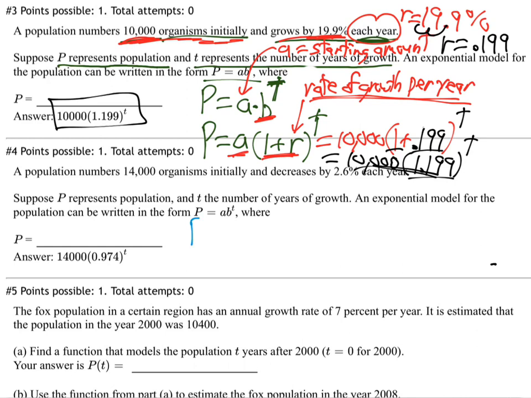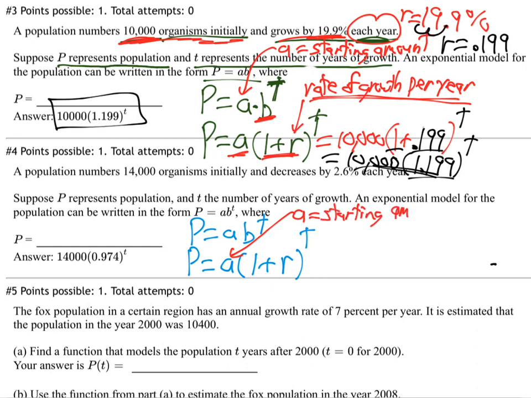Again, we say, okay, P is A, B to the T, but we break that down. The B can be rewritten as 1 plus R to the T, where, again, the A equals the starting or initial amount, and the R is the rate of growth per year or per whatever.